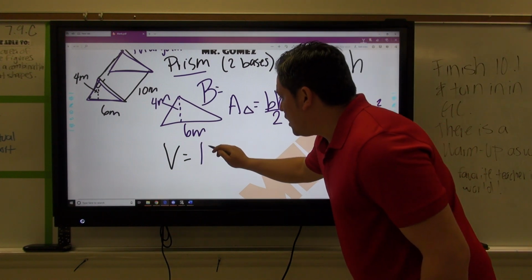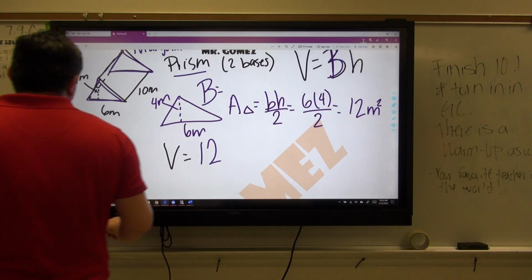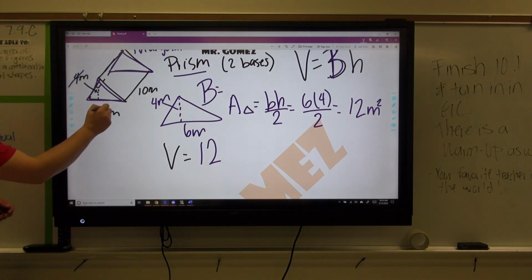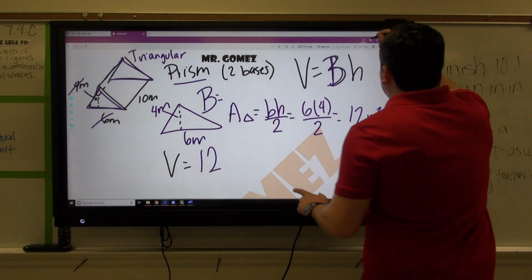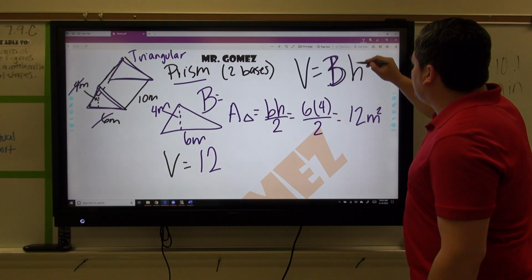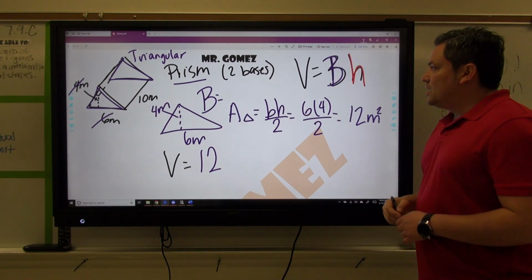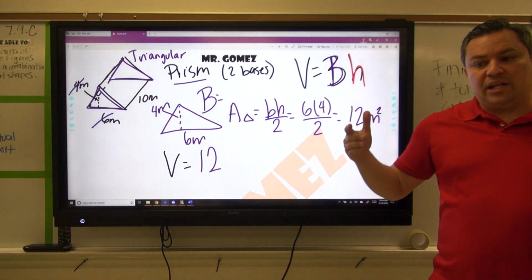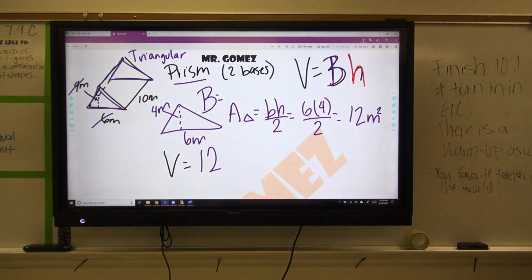12. Now, if I look at this shape, I already used the number 4 and the number 6. So I can go back, and the only number that I haven't used is 10. Now I'm going to relabel this in a different color as H. H in the volume formula is the distance between the two bases.